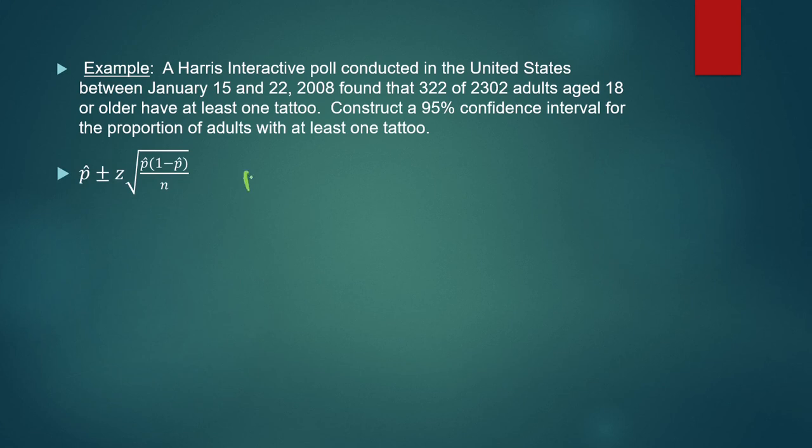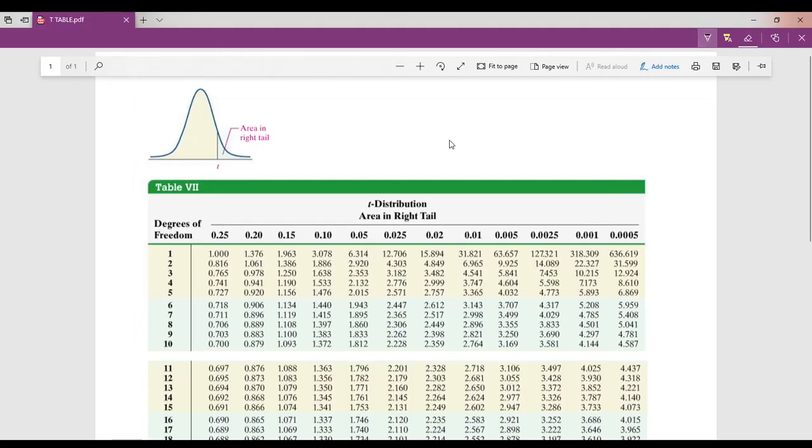From before, we calculated that p hat was 0.140. The sample size is 2,302 individuals, and z can be found using our t-table. To find the correct value of z, we take the level of confidence and subtract it from 1, then divide by 2. 1 minus 0.95 divided by 2 is going to tell me the column is 0.025.